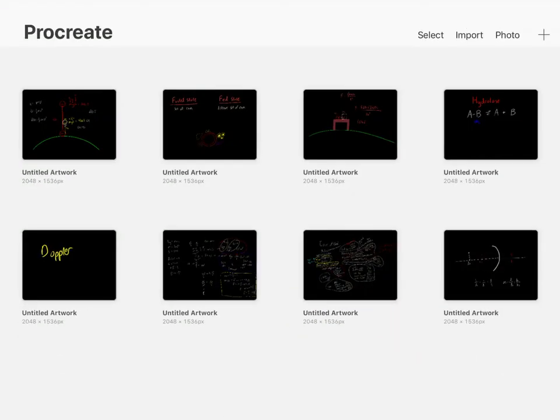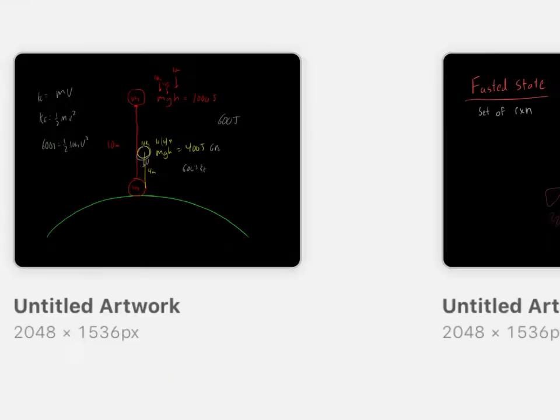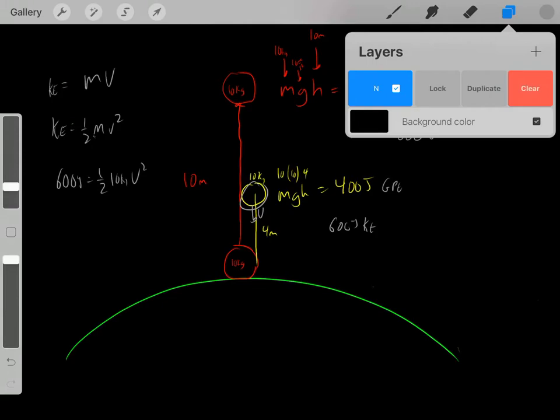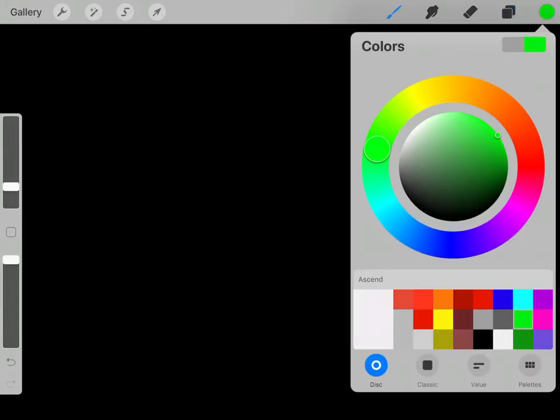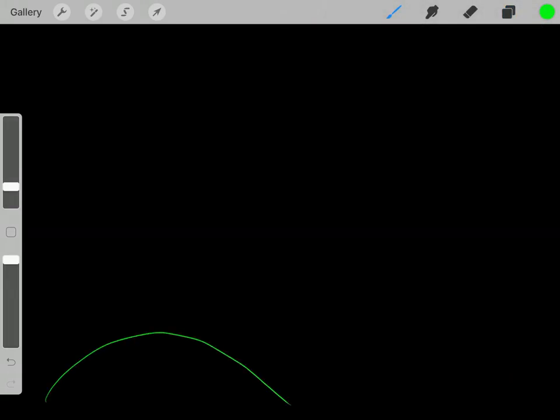Now I just want to do one last example to really illustrate this. Let's say we had this initial situation with the Earth and this ball, 10 meters up in the sky, and let's say it was a 10 kilogram ball. Then the gravitational potential energy relative to this initial location was 1,000 joules.